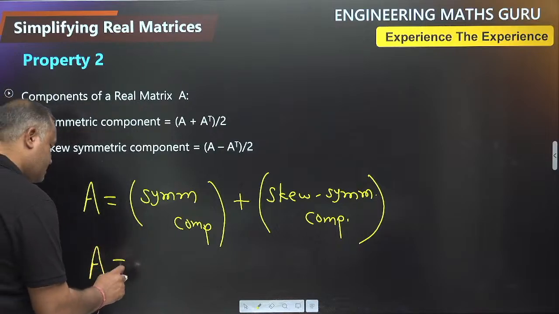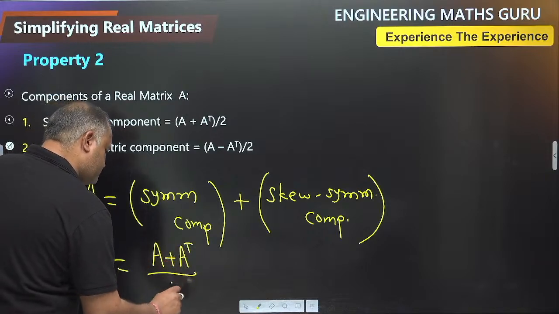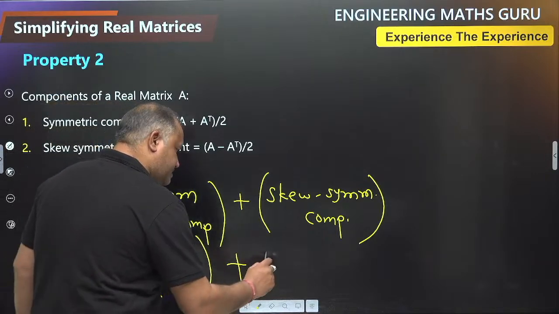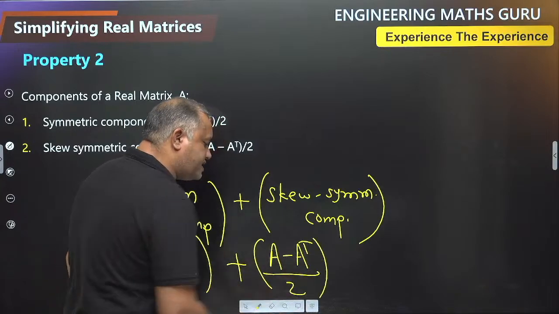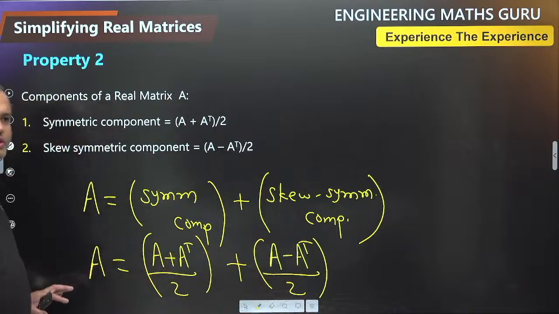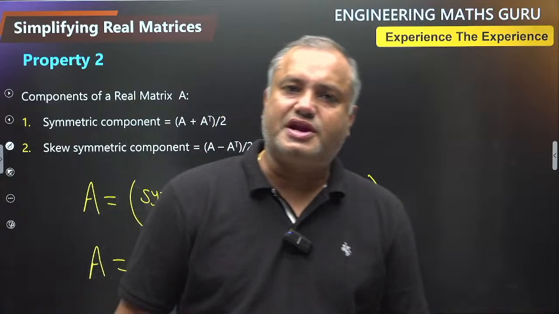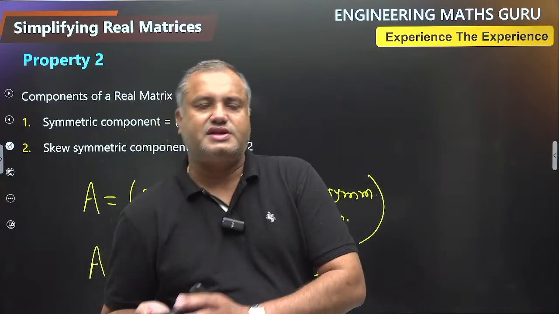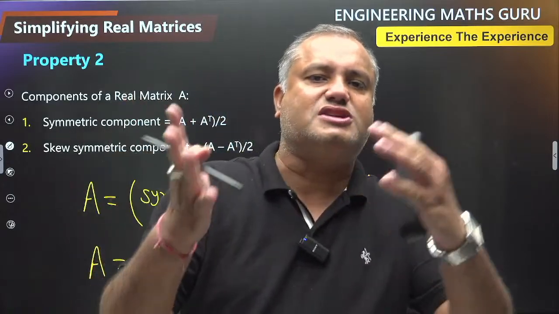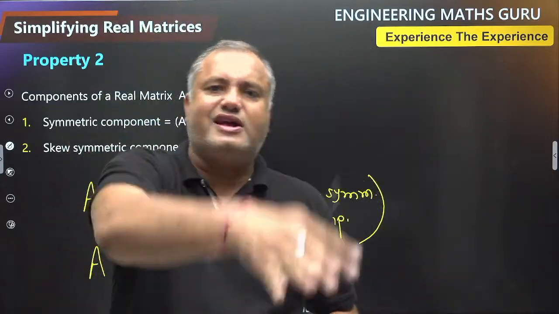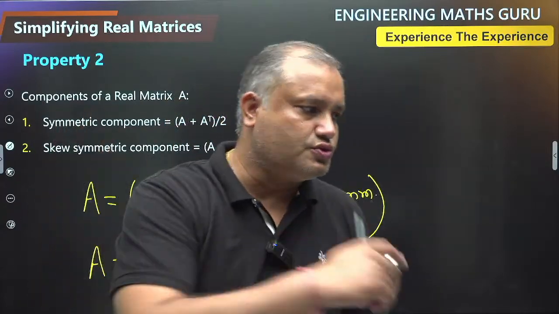So students, symmetric component is A plus A transpose by 2, and skew symmetric component should be A minus A transpose by 2. And the beautiful part is that when you add these two, again you will retain the original matrix. So any square matrix can be split into two parts. Symmetric part is A plus A transpose by 2. Remember, A plus A transpose by 2. And what will the skew symmetric part be? A minus A transpose by 2.